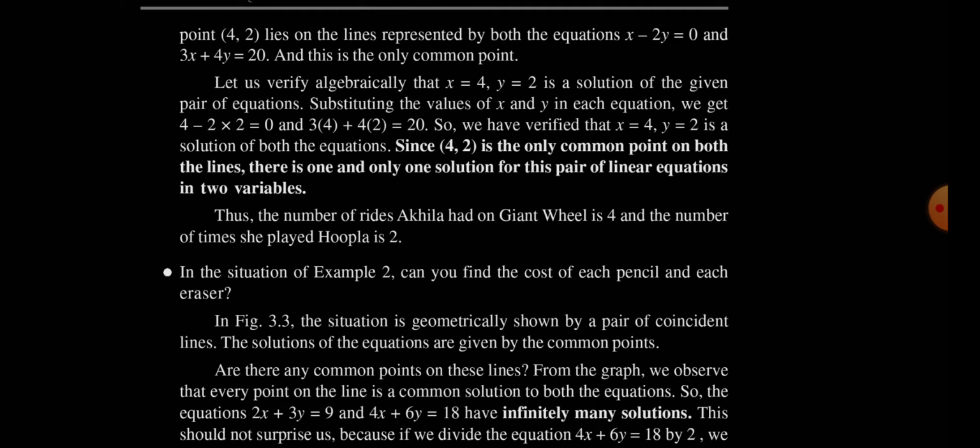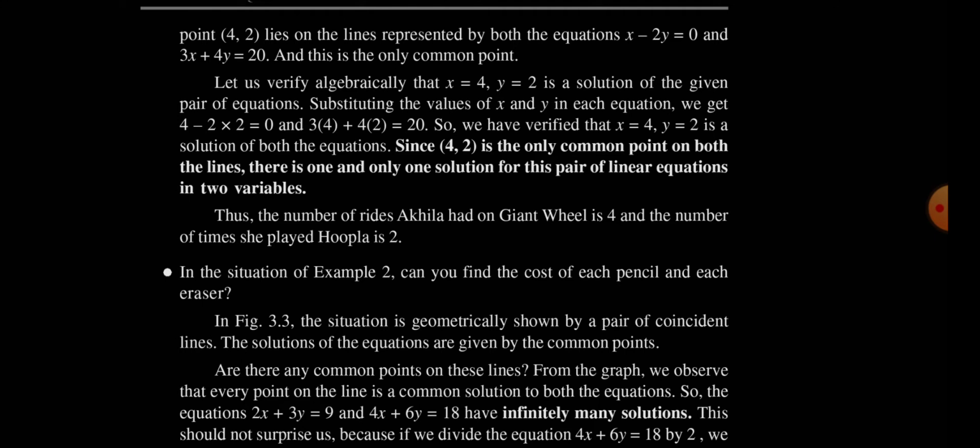So we have verified that x is equal to 4, y is equal to 2 is a solution of both the equations. Since (4, 2) is the only common point on both the lines, there is one and only one solution for this pair of linear equations in two variables. Thus, the number of rides Akhila had on the giant wheel is 4 and the number of times she played Hoopla is 2.